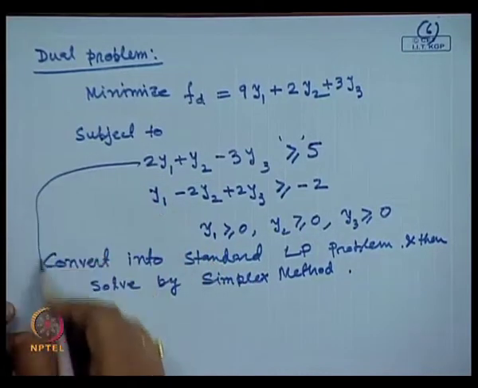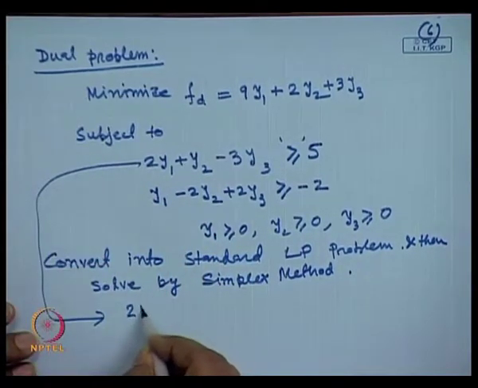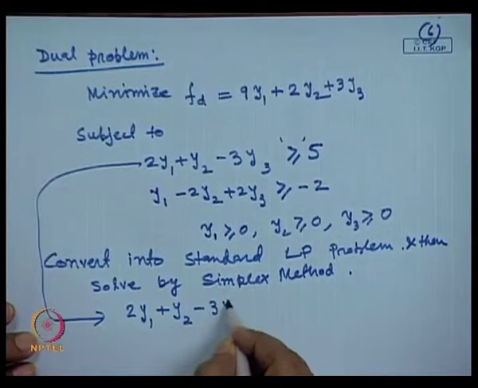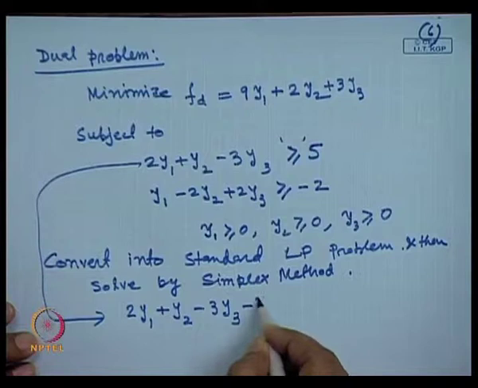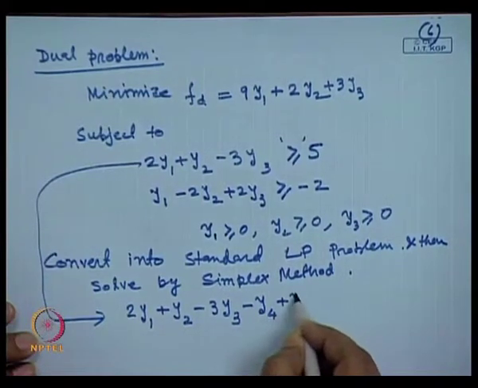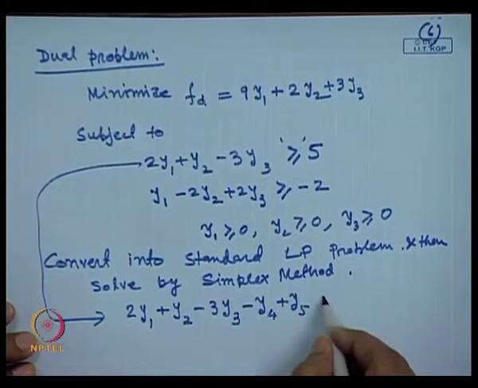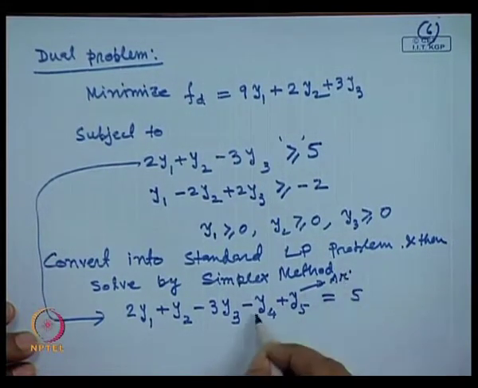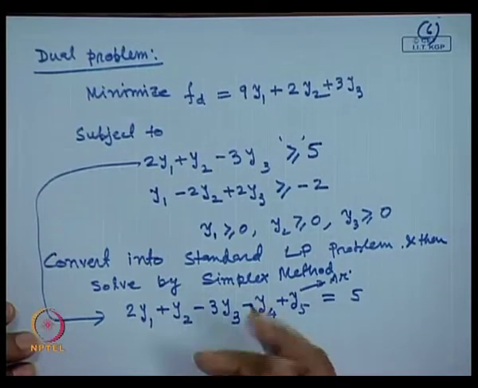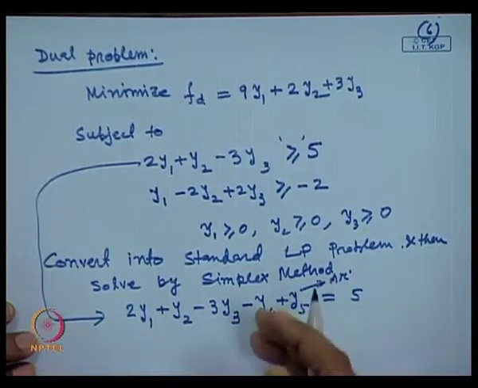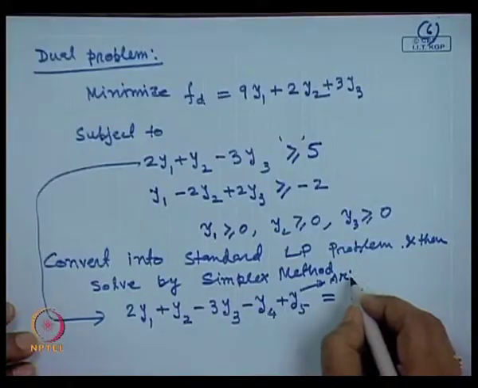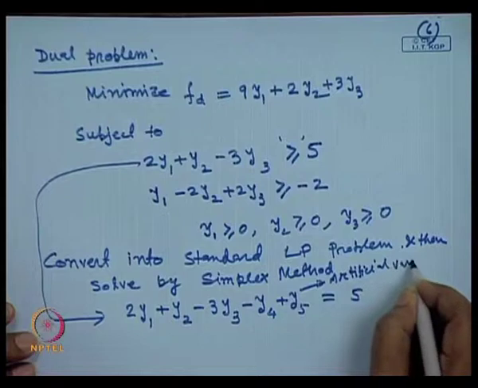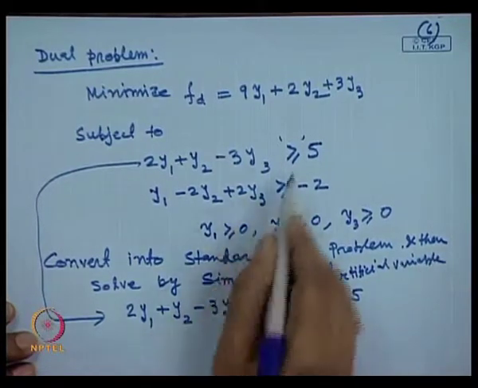So, I can immediately write it: twice y1 plus y2 minus 3 y3 minus y4 plus y5, and this y5 is our artificial variable, and this, if you remember, is a surplus variable, y4, and y5 an artificial variable. This equation is converted.